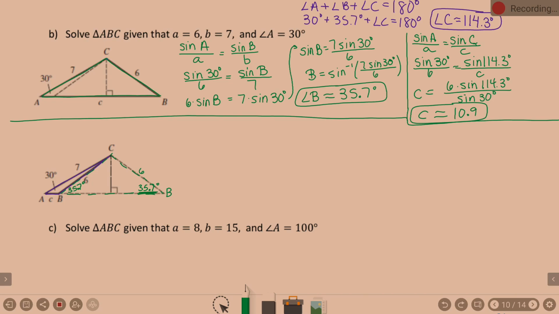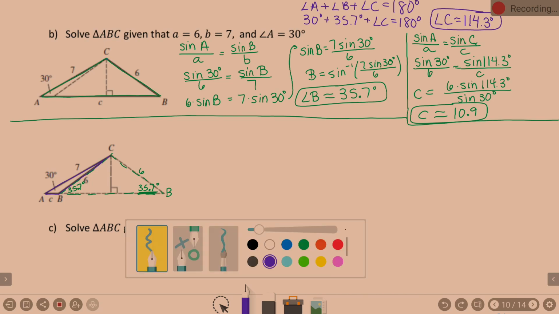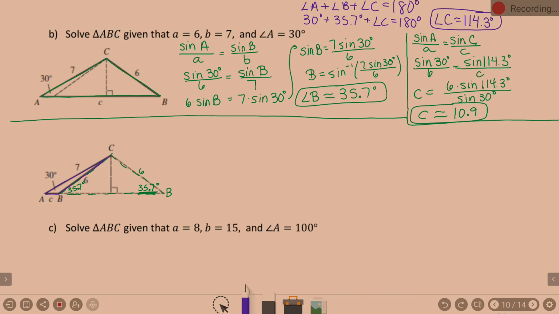What that allows me to do in my new little skinny purple triangle is to find a different version of angle B. How can I find a different angle B here? How is my previous angle B going to be related to my new angle B? It's going to be 180 minus 35.7.